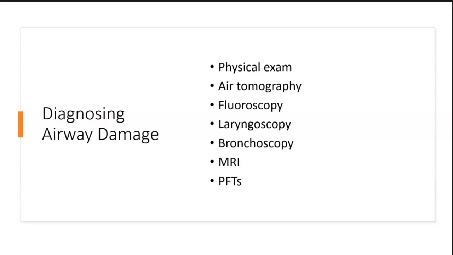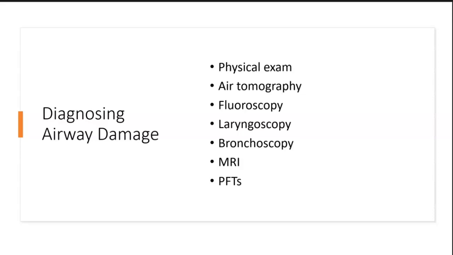Air tomography is using CT scans to look for air trapped in the patient's airway, looking at the airways with the CT scanner. Fluoroscopy is kind of like a moving x-ray.